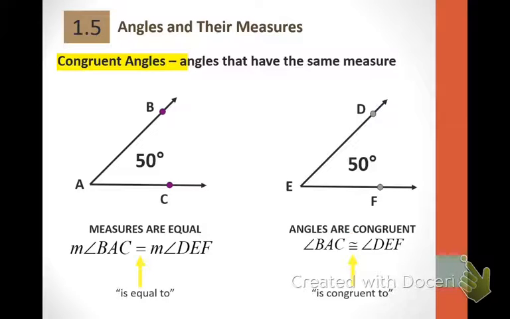So the congruent symbol replaces the equal measures. So again, what you would see is the measure of angle A is 50. That's where you'd see the little m. That's where you see it most, when you're listing the measure of an angle.